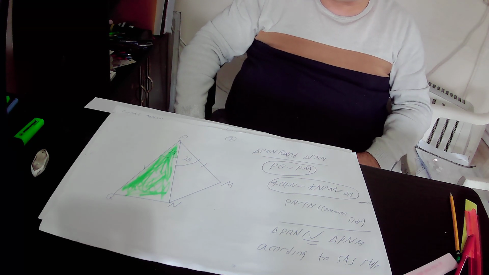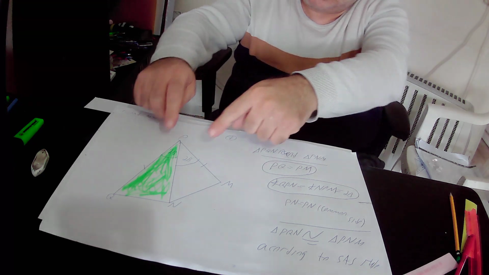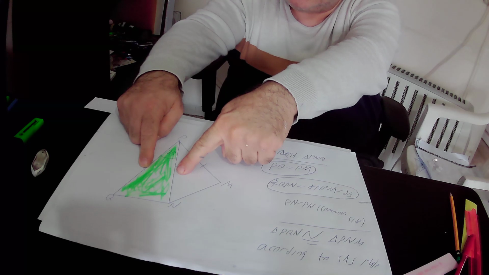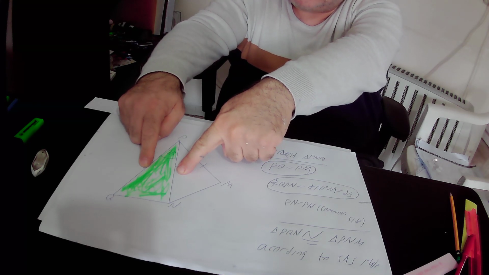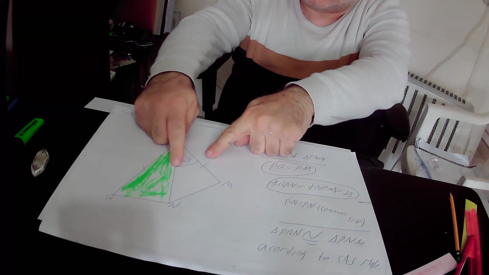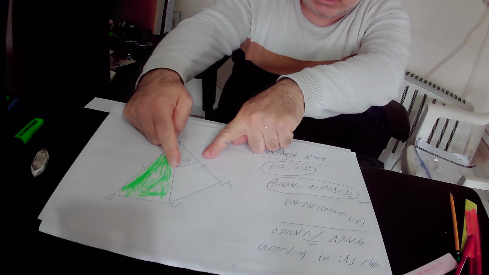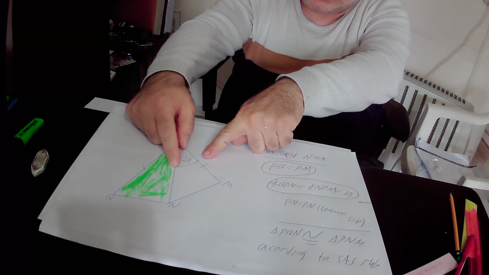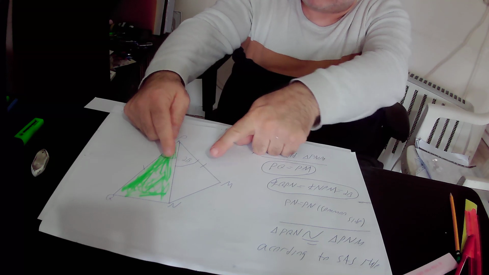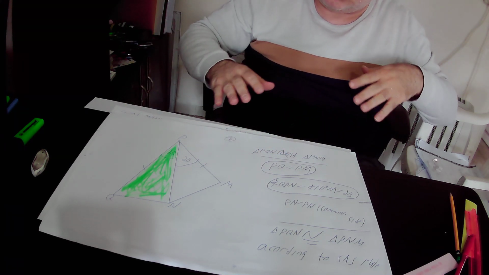And we actually proved that those two sides, PQ and PN, and the angle between them, 2 beta in the green triangle, are congruent to those two sides, PM and PN, and the angle between them, 2 beta in the white triangle. Therefore we proved that those two triangles are congruent according to the side angle side rule.